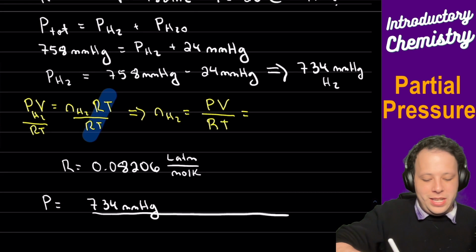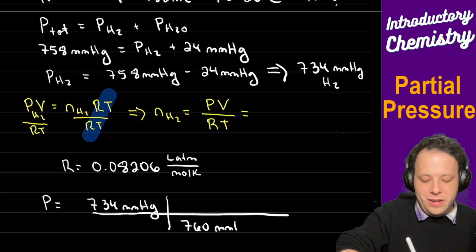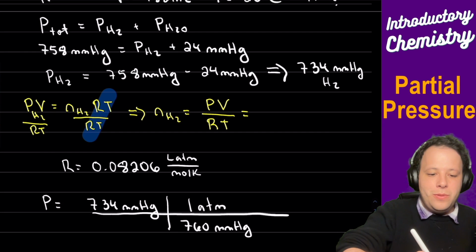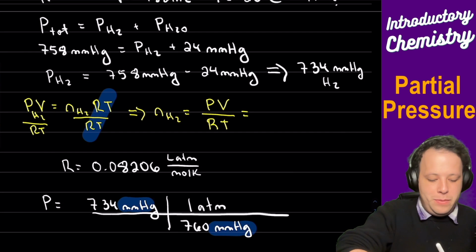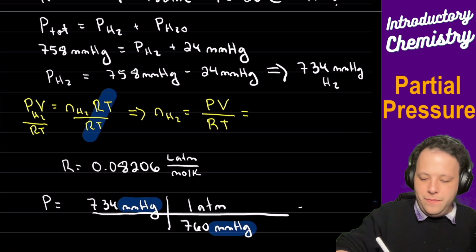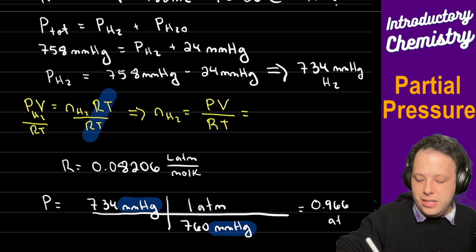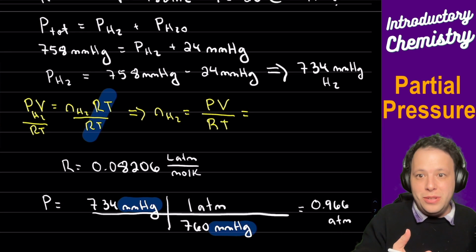How do we convert that to atmospheres? Well, 760 millimeters of mercury is 1 atmosphere. So this will cancel out millimeters of mercury and allow us to get atmospheres, which is 0.966 atmospheres once you divide those two numbers.